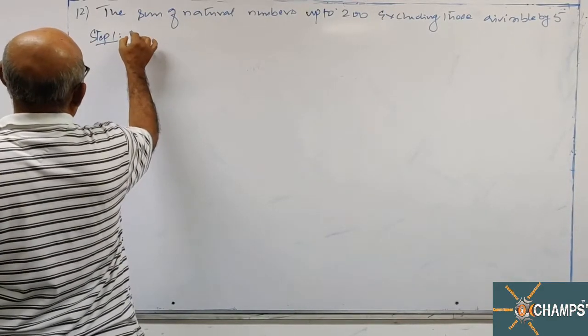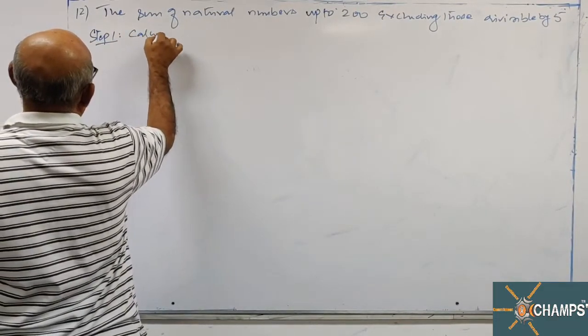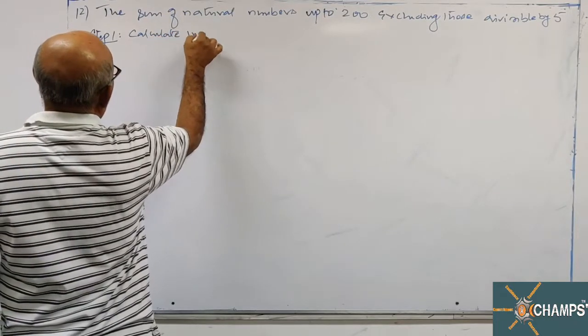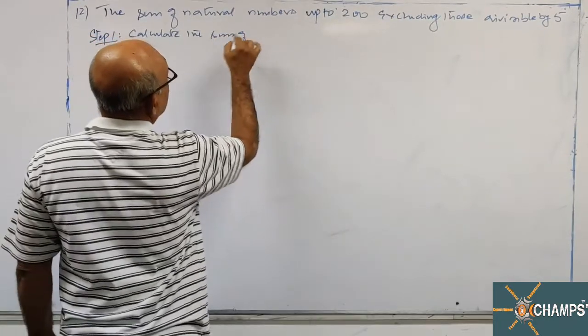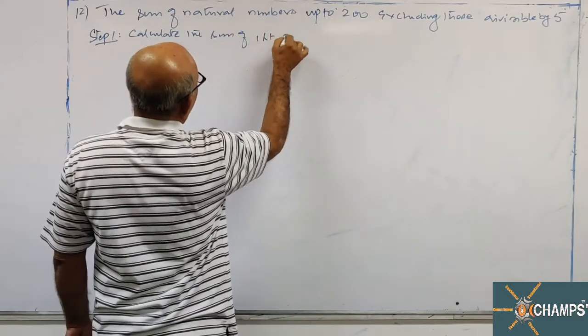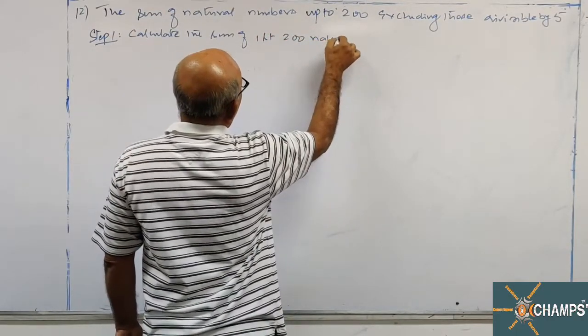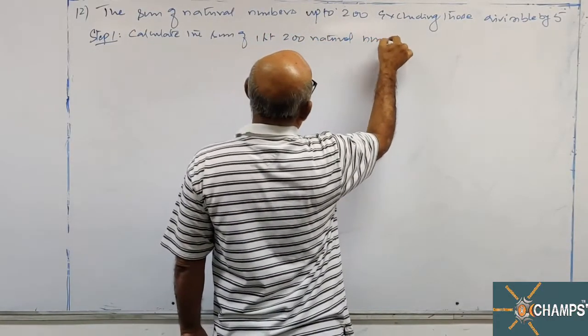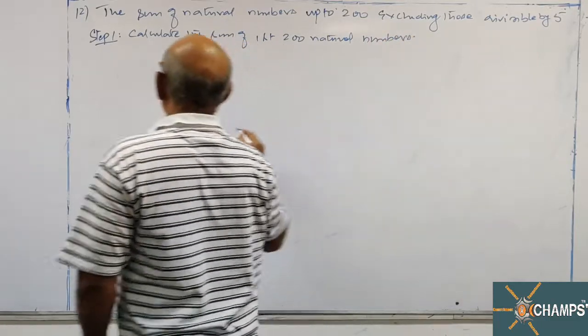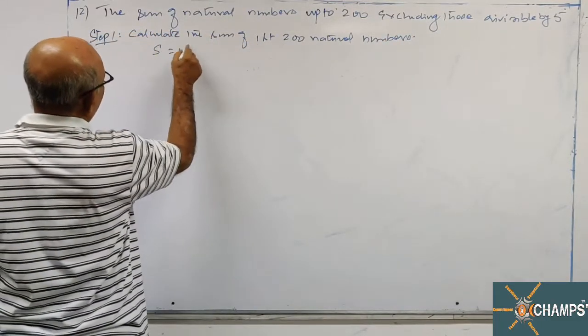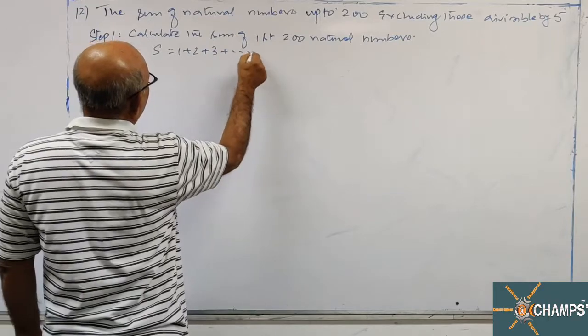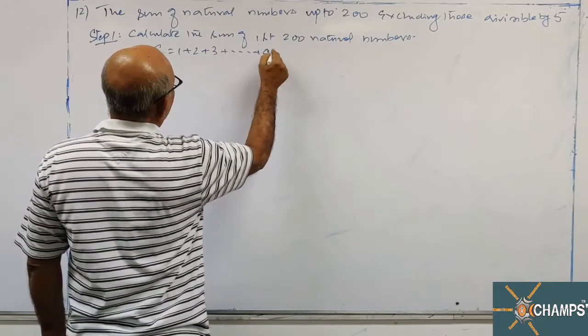Step number 1. Calculate the sum of the first 200 natural numbers. S is equal to 1 plus 2 plus 3 plus etc. plus 200.